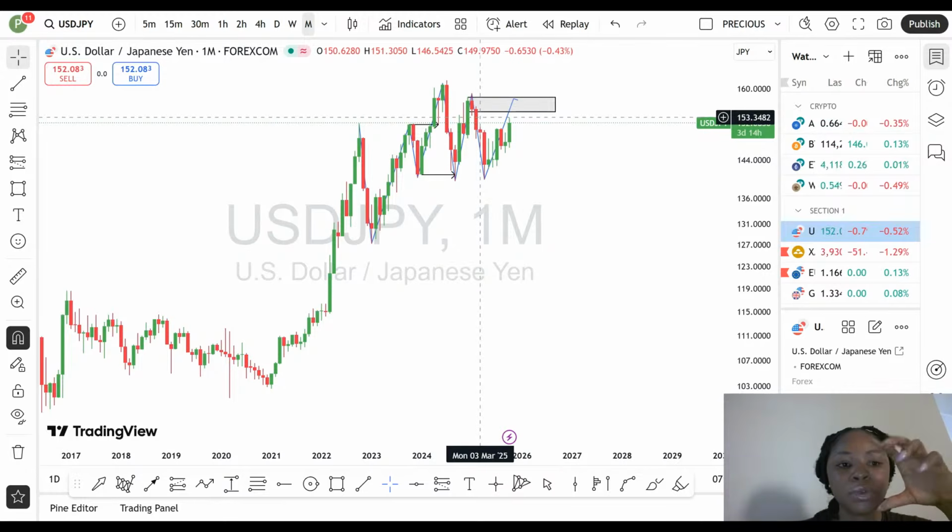If you can see USDJPY from the wider view on the higher time frame, we are bullish. And the reason why we have a sell opportunity on the lower time frame now is because of a pullback.